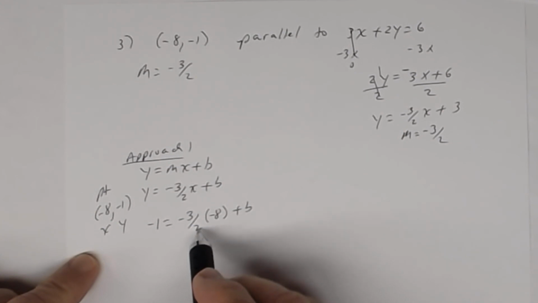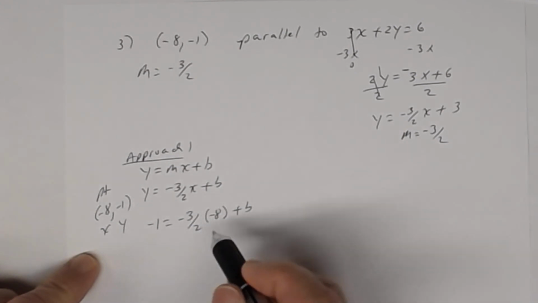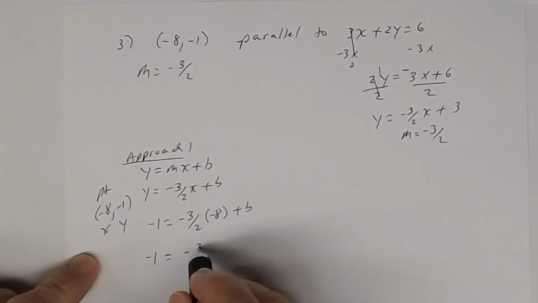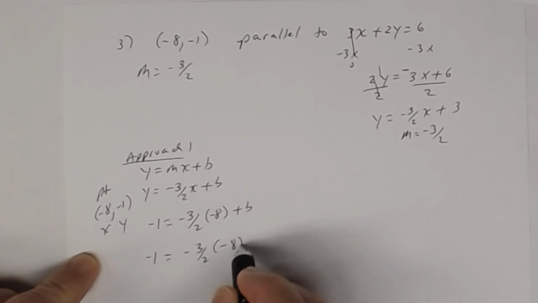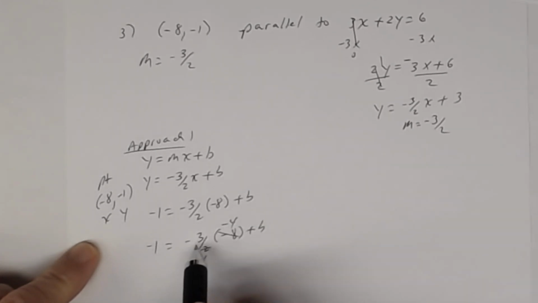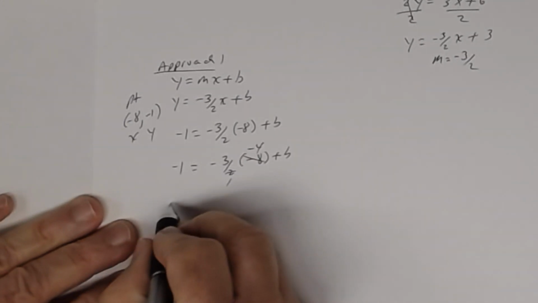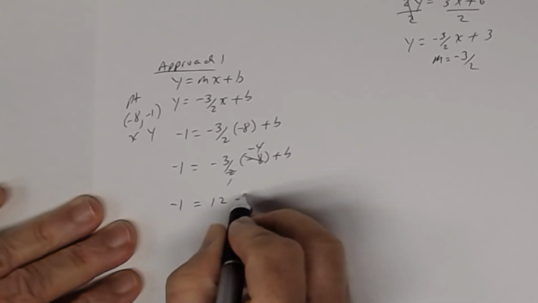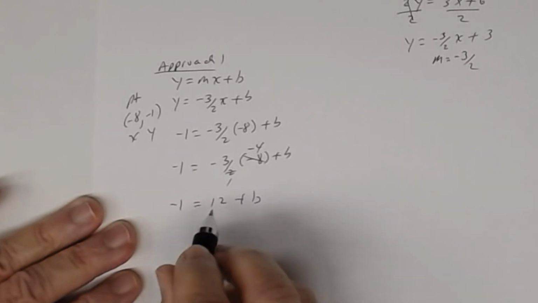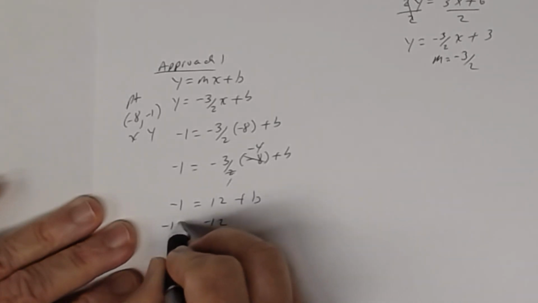So negative 8 divided by 2 is negative 4. Let me rewrite this just to show you. 2 to 2 is 1, 2 to negative 8 is negative 4. So negative 3 times a negative 4 is a positive 12. So you get negative 1 equals 12 plus b, right? And then subtract 12 from both sides.